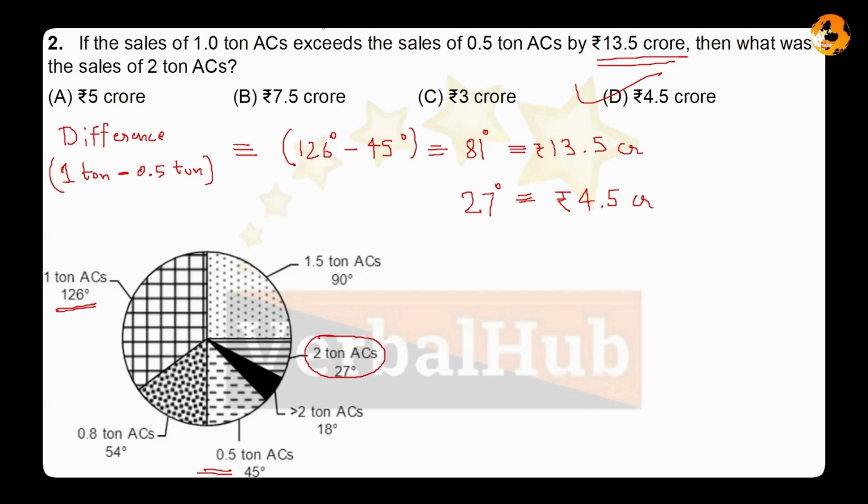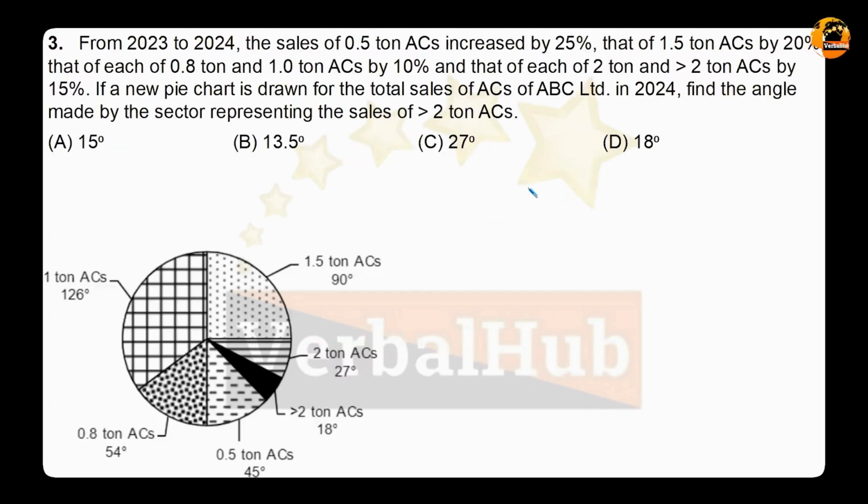Okay, next one. Now, what does this question say? From 2023 to 24, remember this pie chart was for the base year, the current year 2023. So this question is taking forward the given data to the subsequent year.